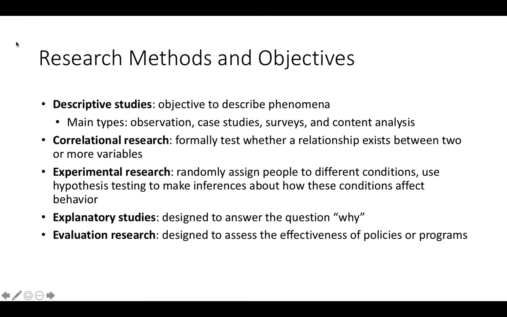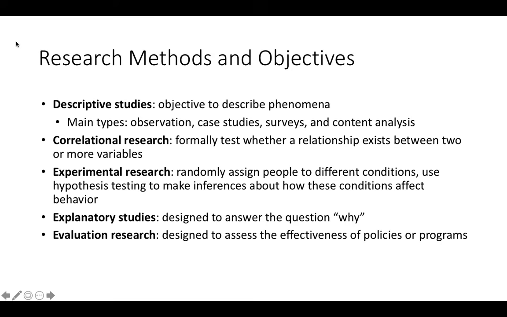Now, with correlational research, you're trying to show that there's a relationship between variables. Just because something is correlating does not equate to causation, but you can see whether or not there was a relationship there, in the sense of when one variable goes up, does the other one go up as well?